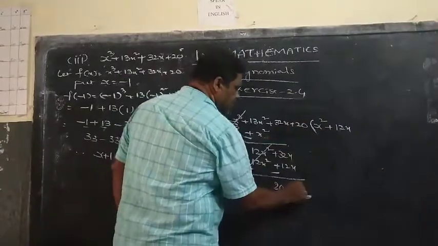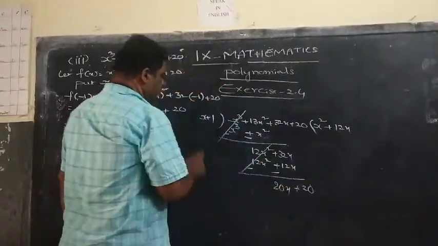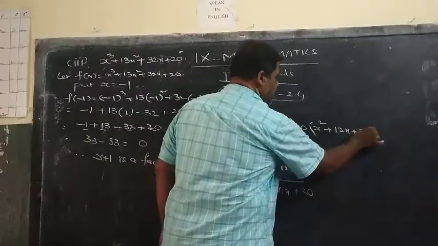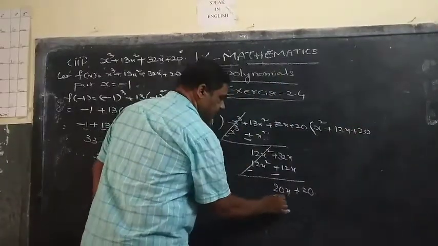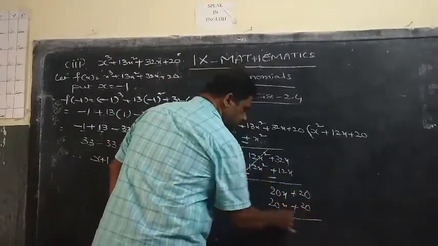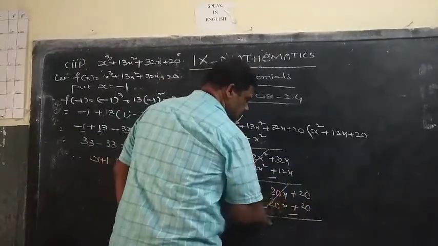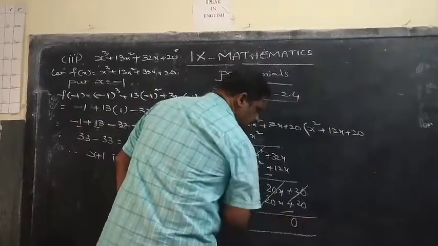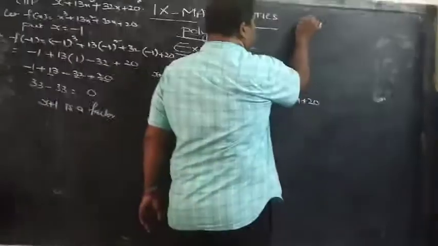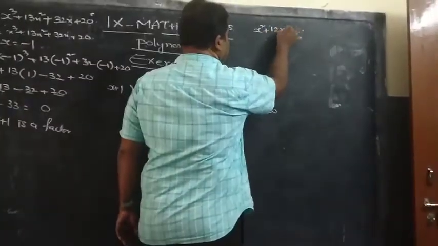Take next term 20. x into how much is equal to 20x? x into 20. So 20 into x is 20x. 20 into 1 is 20. So we are getting remainder 0. Therefore the quotient is x square plus 12x plus 20.